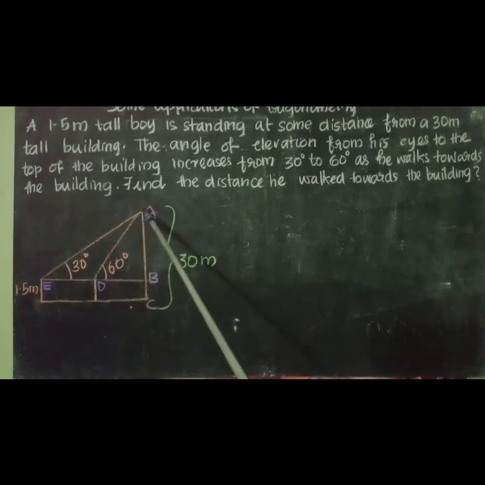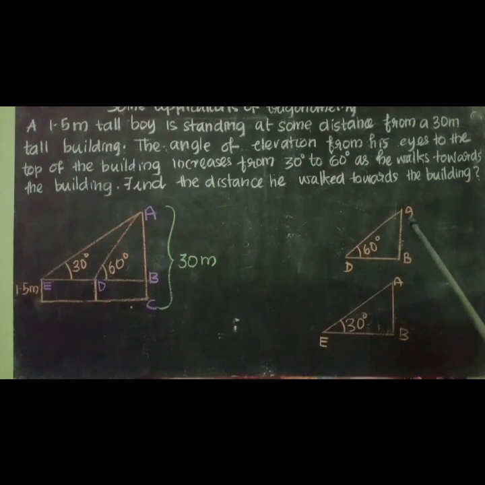Second one is ABE. I am going to draw it separately. So the first right triangle is ABD with the angle of elevation 60 degree. Second right triangle is this bigger one, ABE, with the angle of elevation 30 degree.